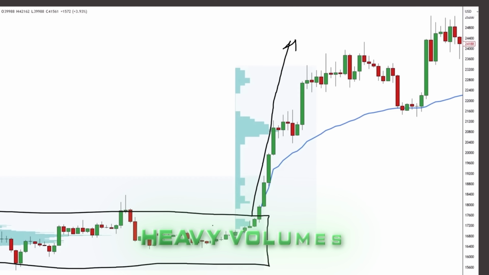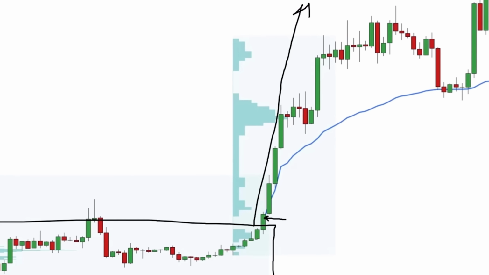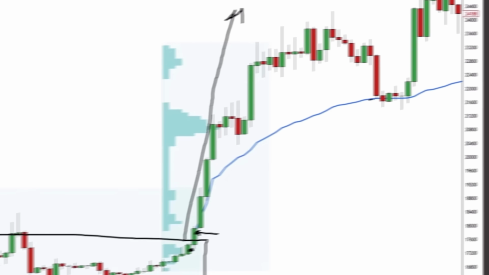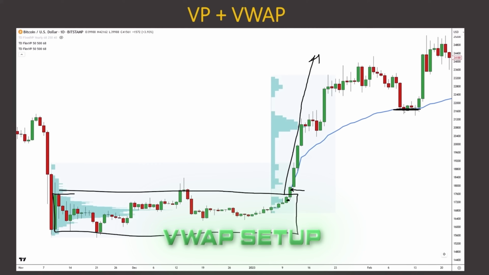If we start with the VWAP, then it's anchored to this candle. I counted this as the start of the trend. It could as well be anchored to this candle, but I anchored it here. And this is where the price made a pullback to it. Right, so this is the VWAP setup.